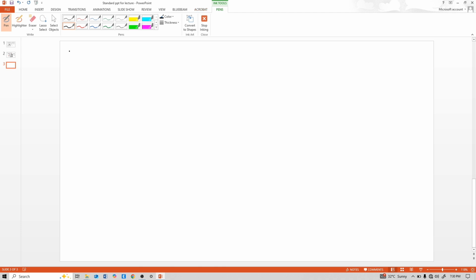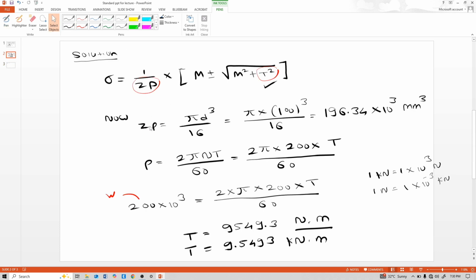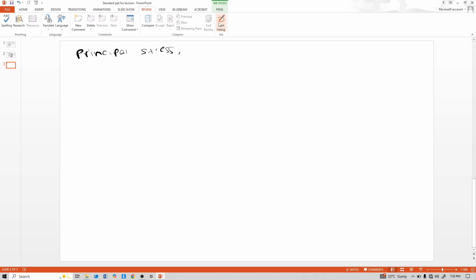Next step, principal stress. So see, this Zp and T we have calculated. Now put this Zp, T and M in this formula.